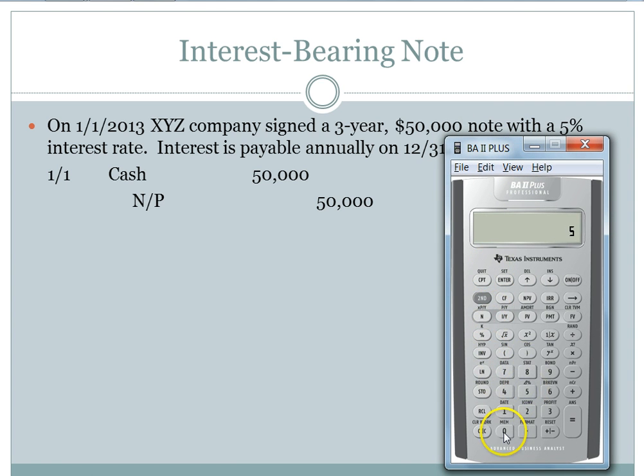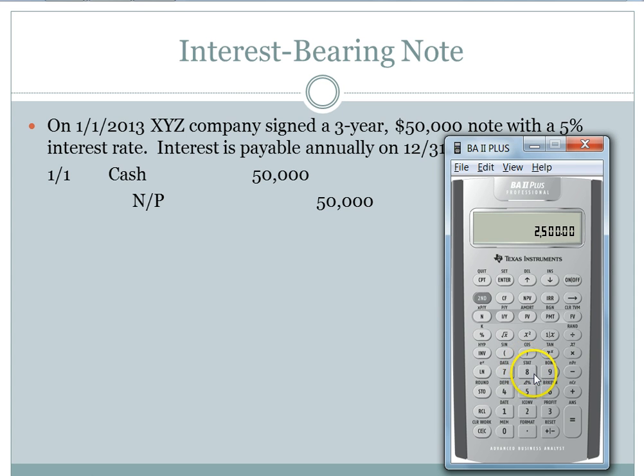So I have a note that has a face value of $50,000. The interest rate is 5%, and I'm going to multiply that by the portion of a year for which the note has been outstanding. Well, the note was issued January 1st. It is now December 31st. That is simply 12/12ths of a year.